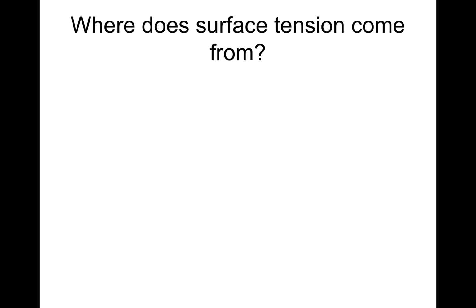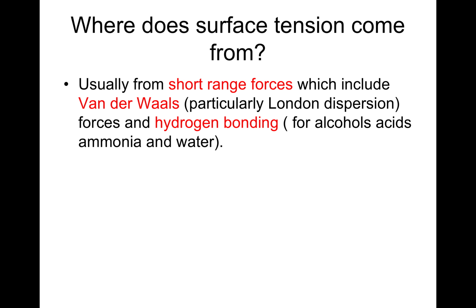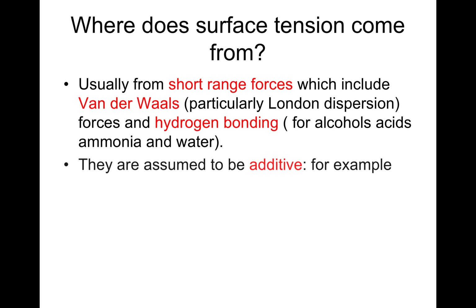Where does surface tension come from? Usually from short-range forces, which include van der Waals forces, particularly London dispersion forces, and hydrogen bonding. This is in alcohols, acids, ammonia, and in water. These forces are assumed to be additive.